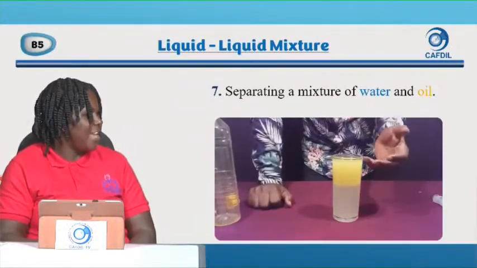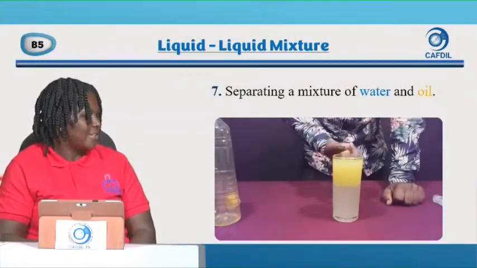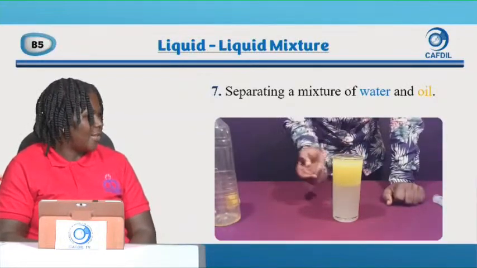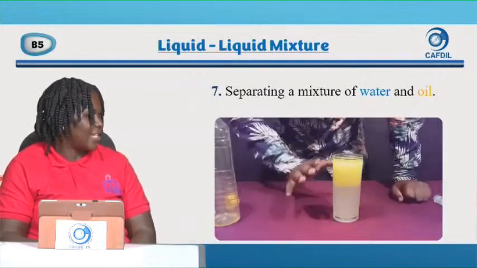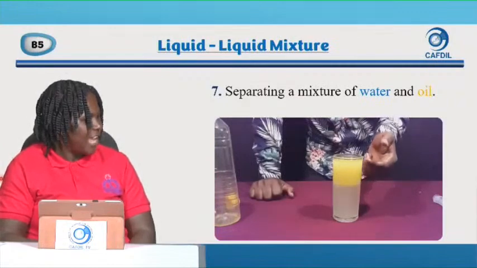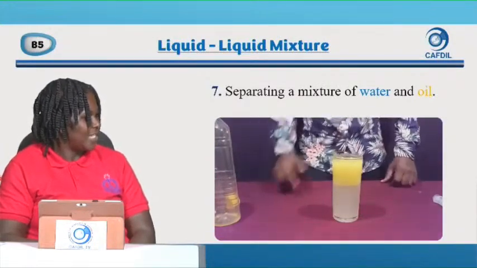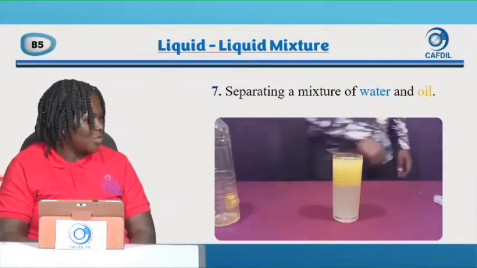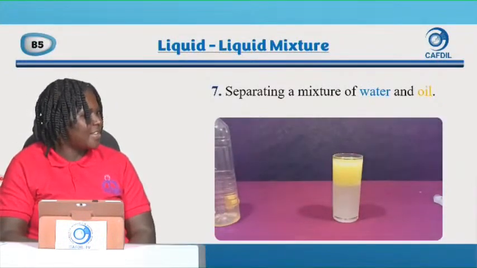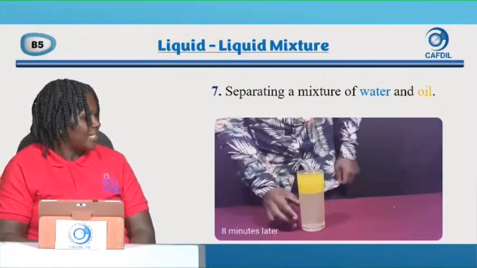The water being heavier is down at the bottom of the glass, and the oil being lighter is at the top. We'll put it there for some time and see what will happen. So look at it very well. After that, you can also do the same thing in your house and see how it happens.